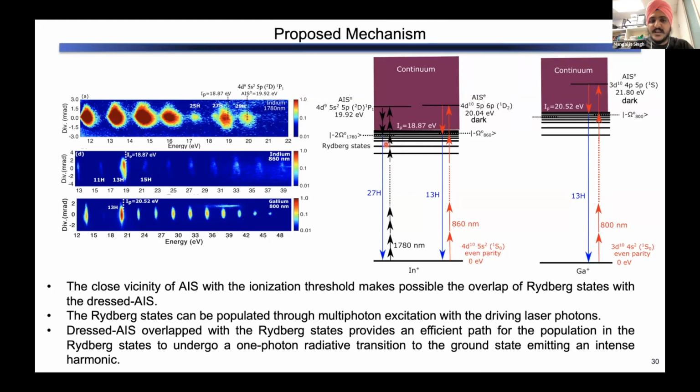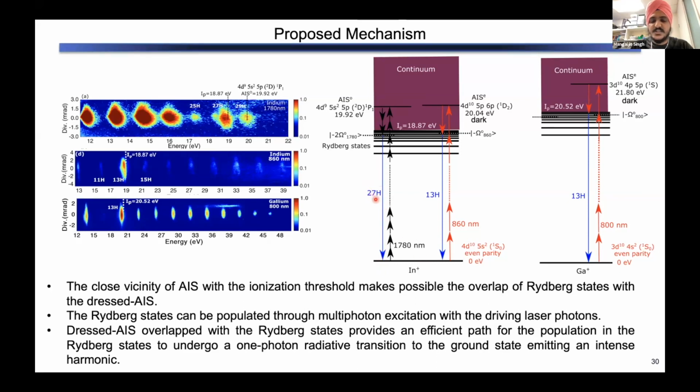And because the overlap is possible, the electron population in the Rydberg states can go to the dressed state, and then this dressed state can provide an efficient pathway for the population to get transferred to the ground state.